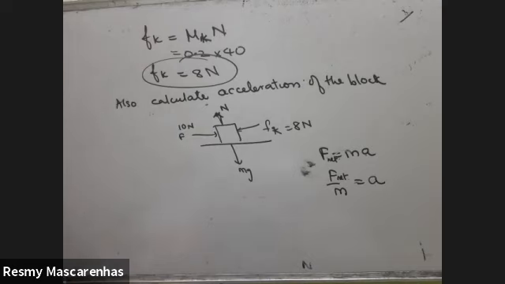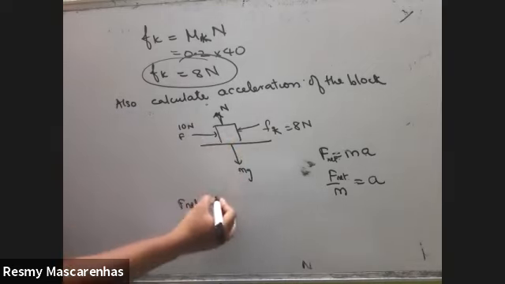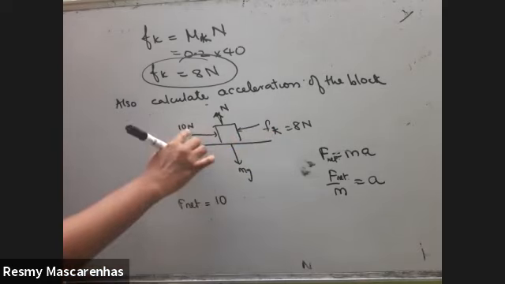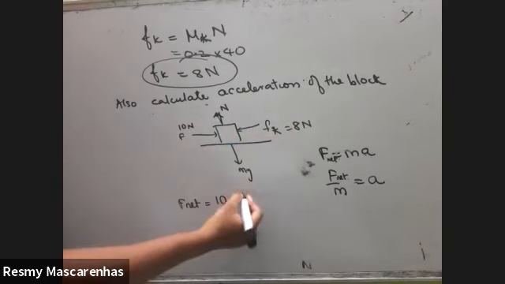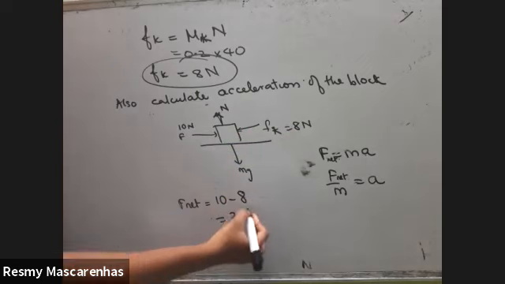So first we'll see what F net is. Both are in opposite directions, so this will be the total force: 10 minus 8, that is 2 Newton.